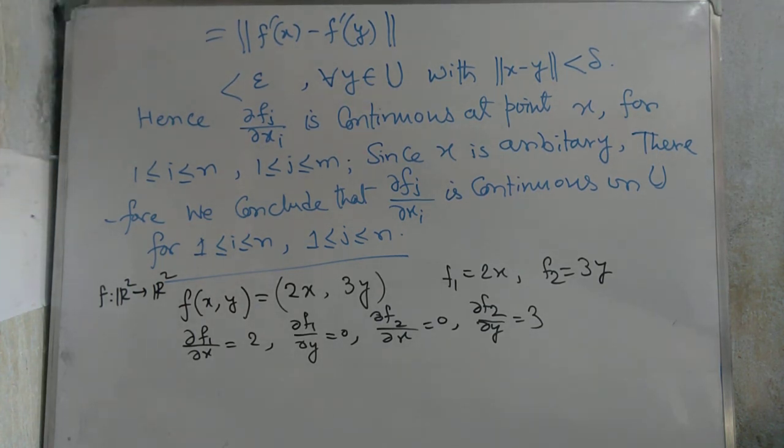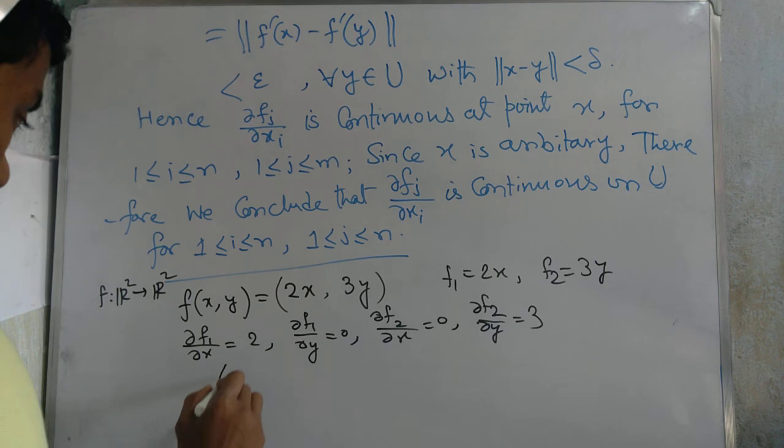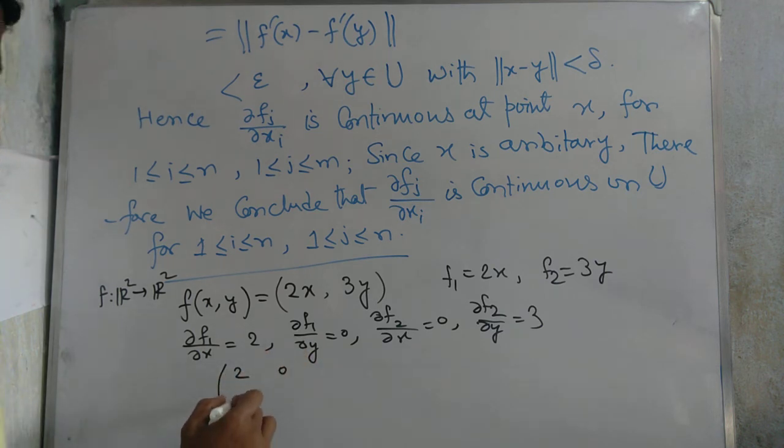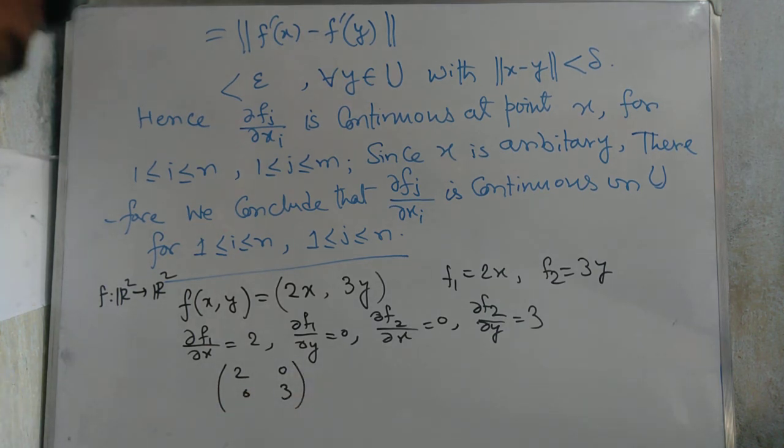Then here we have 2, 0, 0, 3. This is the required matrix of f'(x,y).